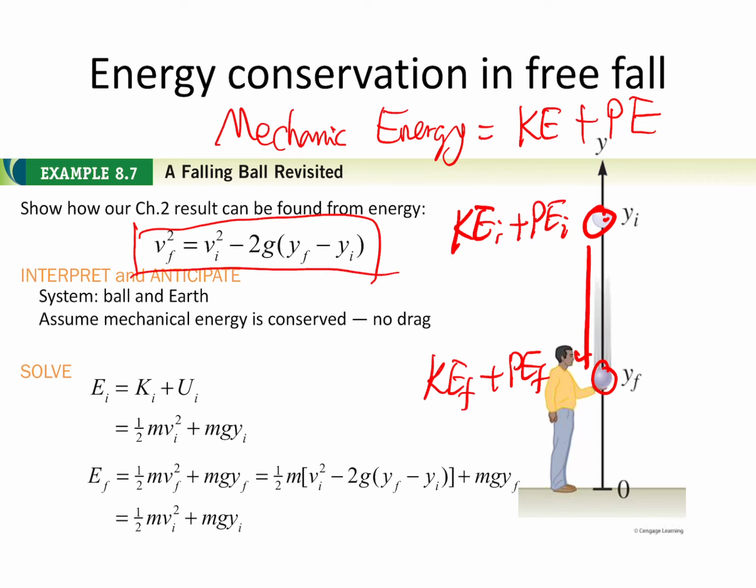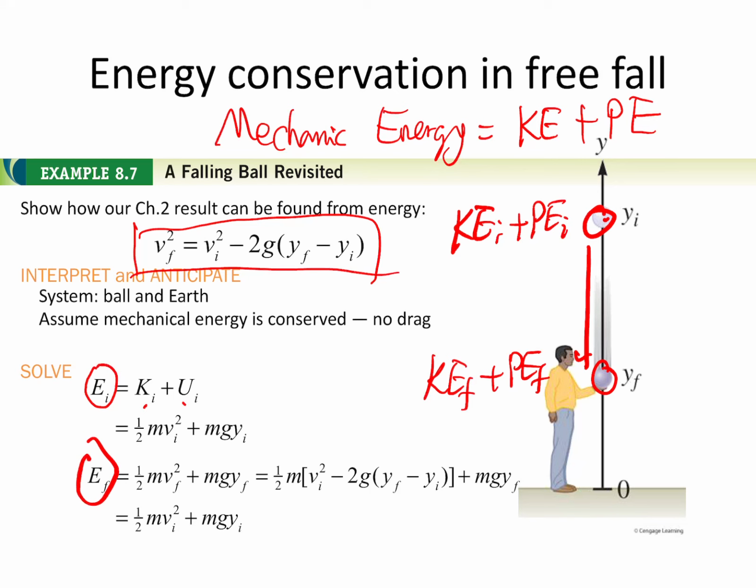Whatever the initial velocity, its initial kinetic energy is 1/2 mvi squared. Its initial potential energy is mgyi. This is the initial mechanical energy. Now, what is the final mechanical energy? 1/2 mvf squared plus mgyf.